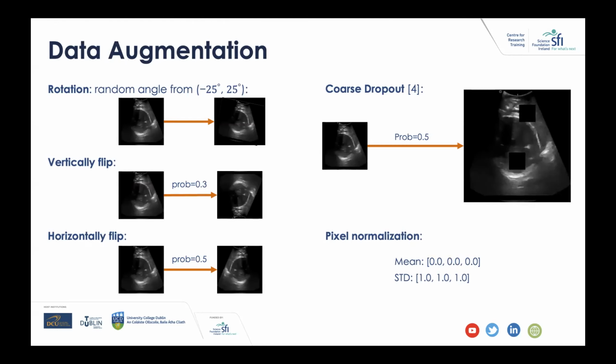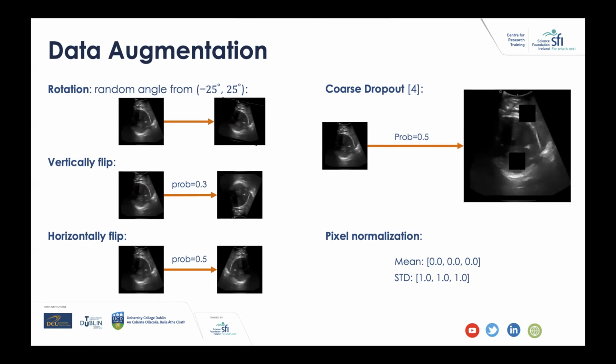Then we add one more augmentation that was applied in our final submission, which is dropout. This idea was inspired by a paper, and I will show the reference later. This dropout function can improve the segmentation results, as we also found in this project.